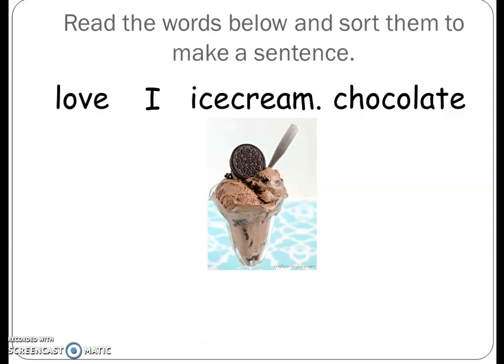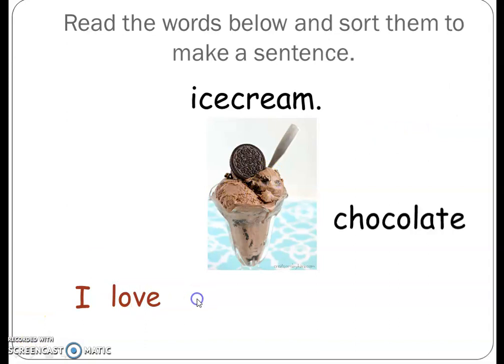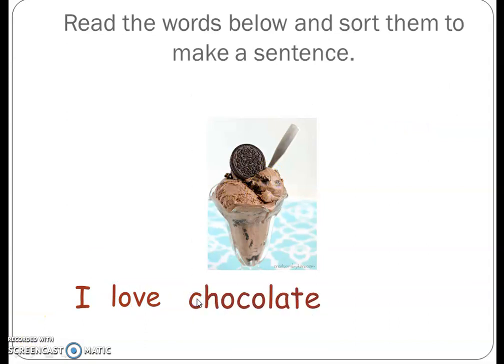So our first word that has a capital is I. I love makes sense. I love chocolate ice cream. We see a period at the end, so we know that ice cream is the last word. So I love chocolate, and there's a picture of chocolate ice cream. So that makes sense. I love chocolate ice cream. That ice cream does look good.